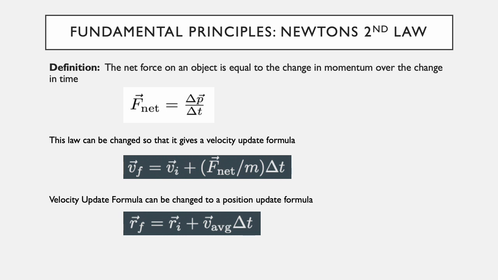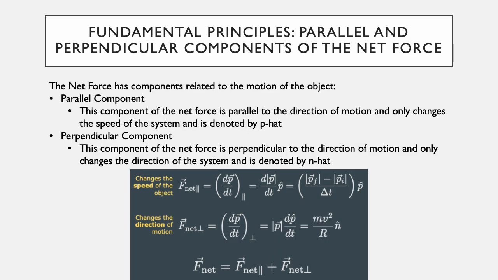Here are some fundamental principles, and we'll start with Newton's second law, where F net equals change in momentum over change in time. And so from that, we can make a velocity update formula and a position update formula. Some other fundamental principles are the parallel and perpendicular components of the net force.